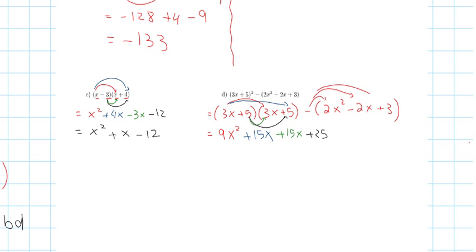So that makes it into negative 2x squared, positive 2x, and minus 3. Do we understand what happened here?